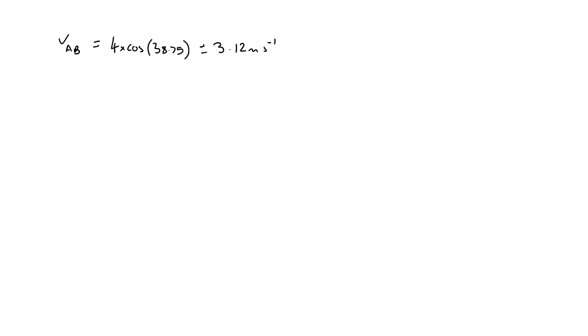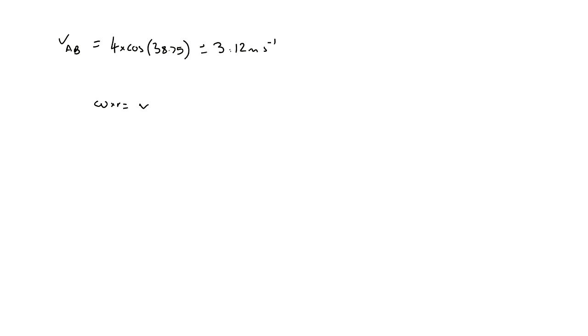But that is the tangential velocity. We are asked to find the angular velocity. Fortunately, earlier in the task, we calculated the length of BA. Always remember that angular velocity times the radius is equal to tangential velocity.